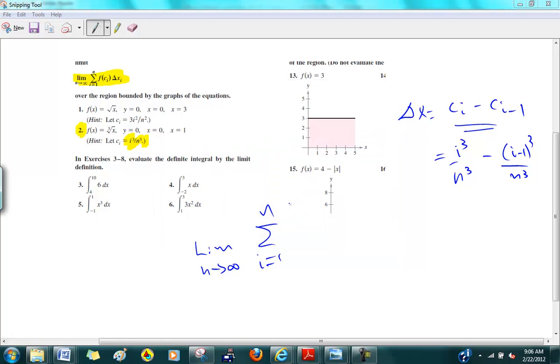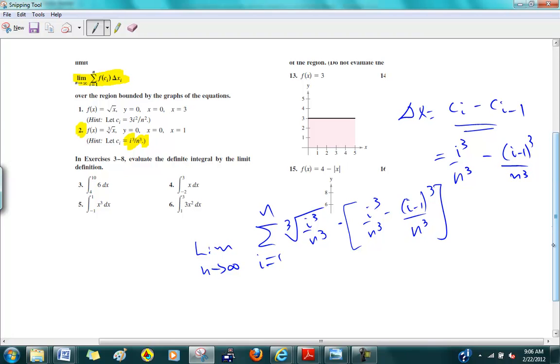All right, so what do I have? Now in place of f of c_i, I'm going to put in the cube root of i cubed over n cubed. Instead of delta x, I'm going to put this beast in here. Okay, and then this will be the limit as n goes to infinity, sum from i equals 1 to n, of the cube root of i cubed, over the cube root of n cubed, times 1 over n.